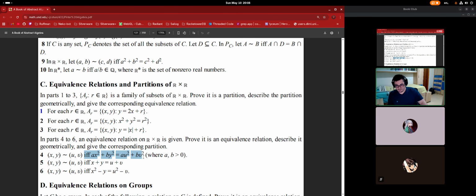So what is this one? Where a, b are greater than zero.